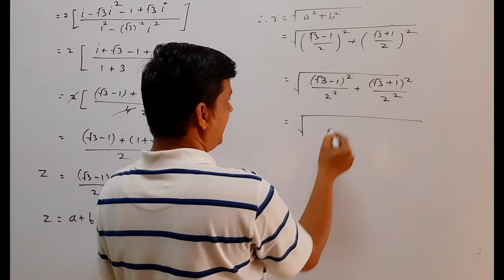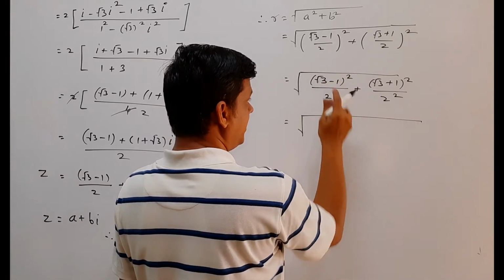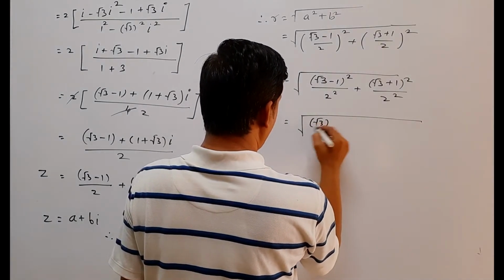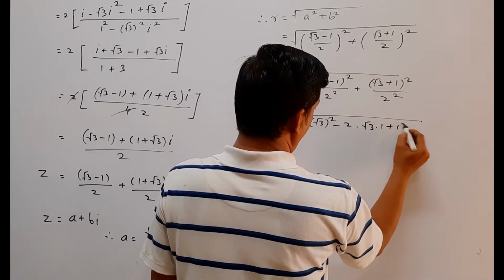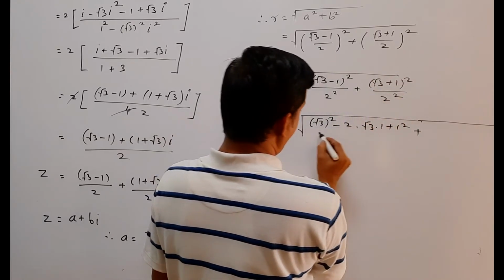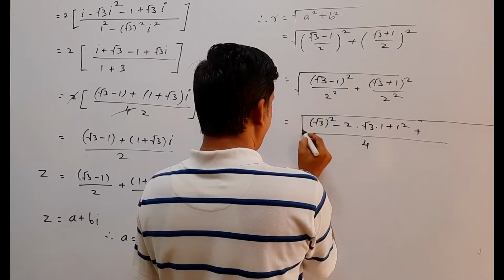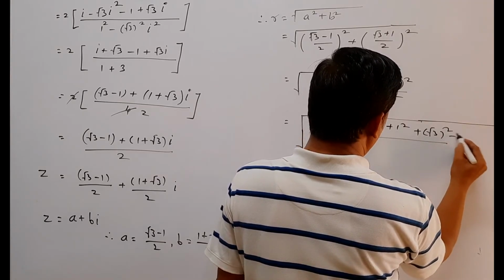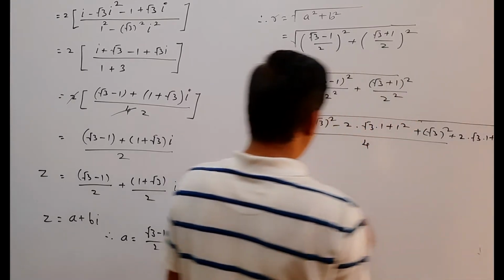So we simplify this. Write the square of root 3 minus 1, applying the formula (a minus b) whole square: root 3 square minus 2 times root 3 into 1 plus 1 square. Similarly for this, because the base is the same, 2 square is 4, so we write the same base. Here root 3 square plus 2 times root 3 into 1 plus 1 square.